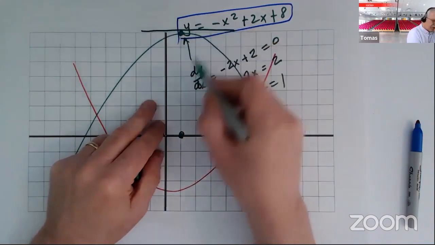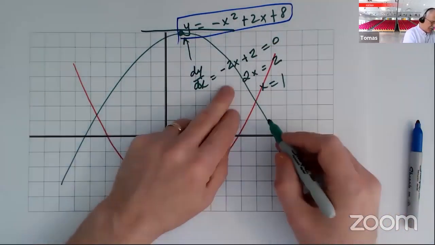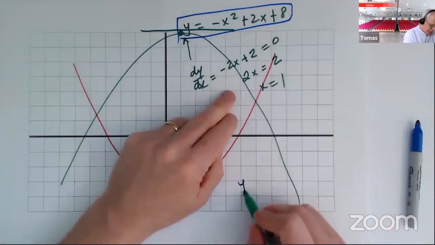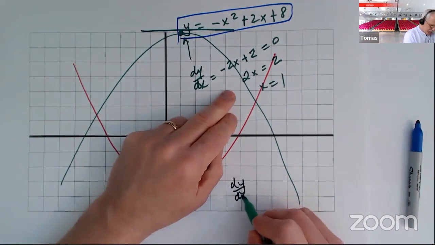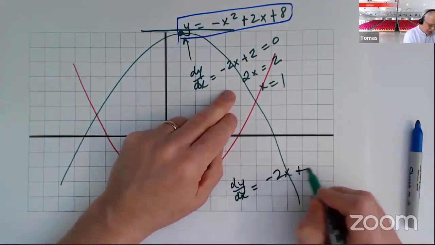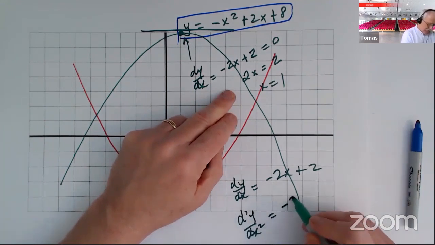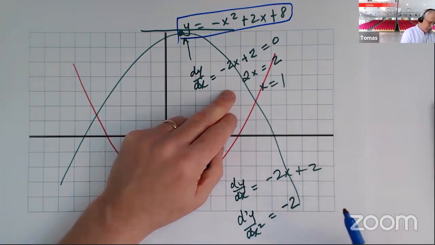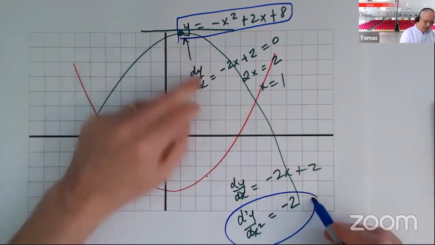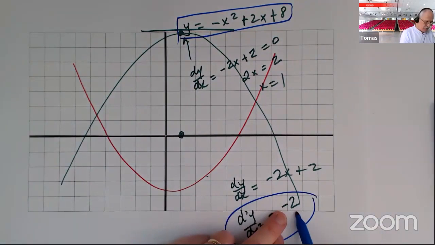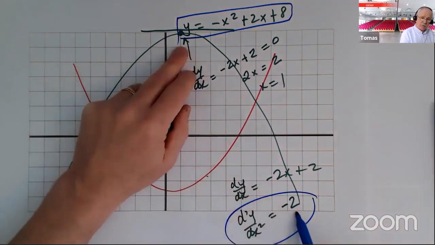How would you prove that that was a max? Well, if dy/dx was equal to minus 2x plus 2, the second derivative, d2y/dx squared, will be minus 2. So if the second derivative is negative at dy/dx equal to 0, it's a max.